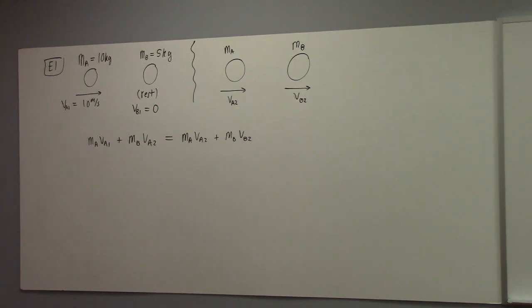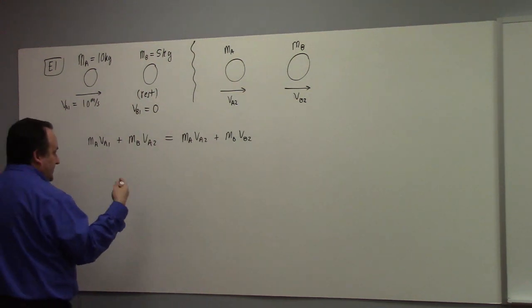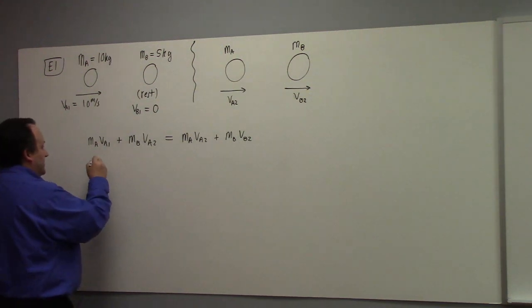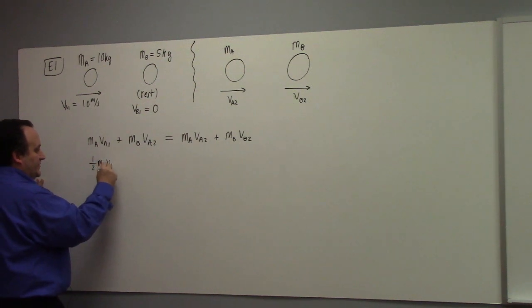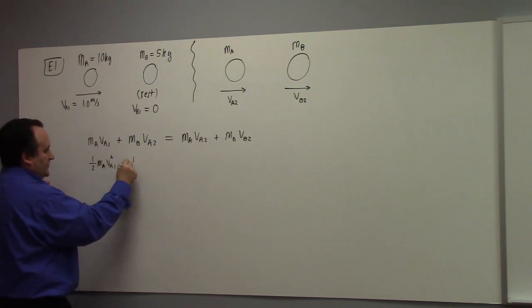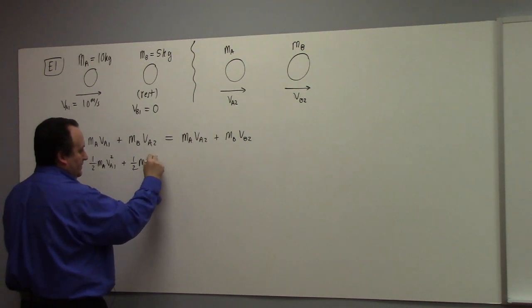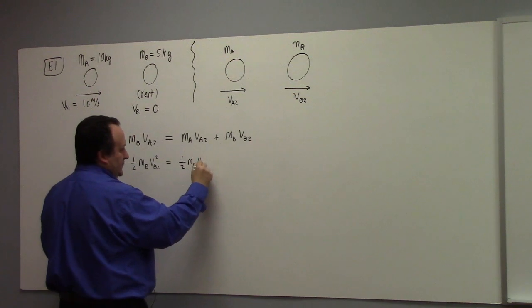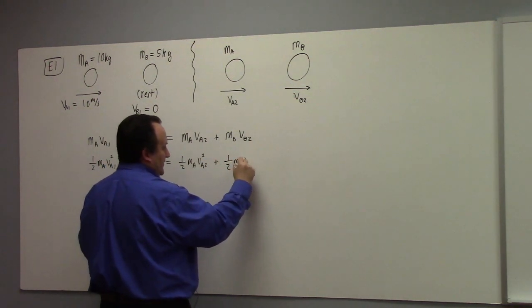And so if we hadn't taken the steps and done the algebra last time, the only thing I could write down right now would be one half MA VA1 squared plus one half MB VB1 squared equals one half MA VA2 squared plus one half MB VB2 squared.